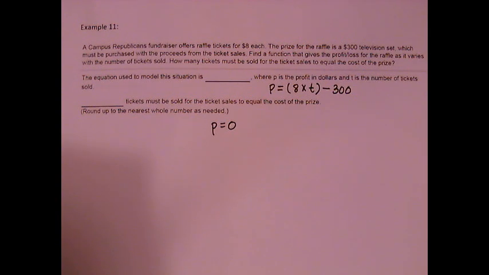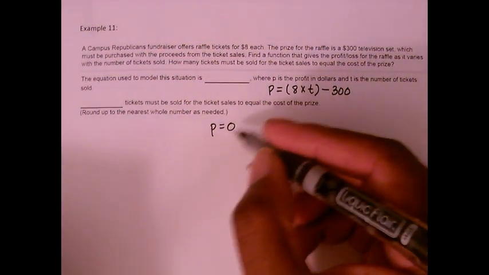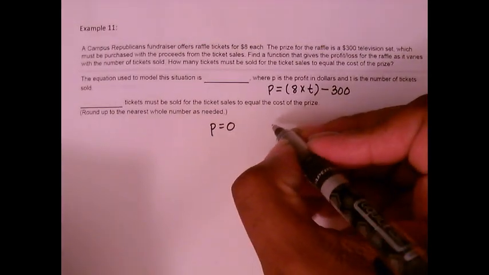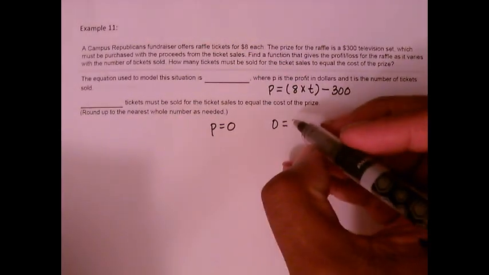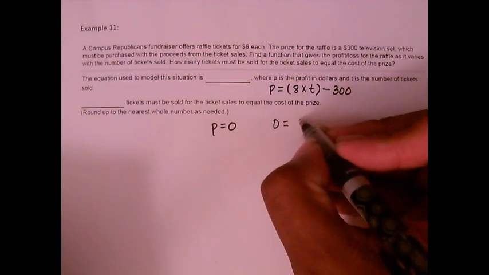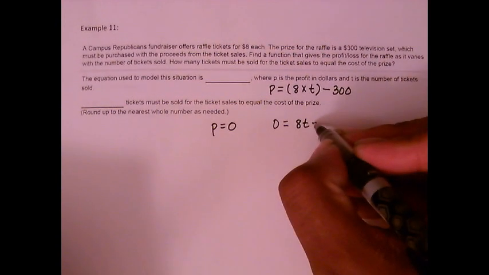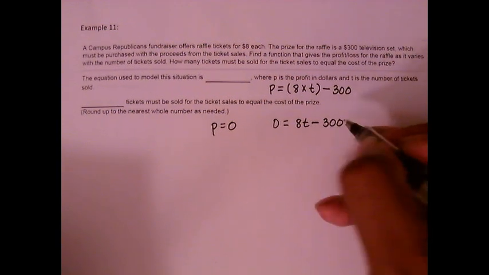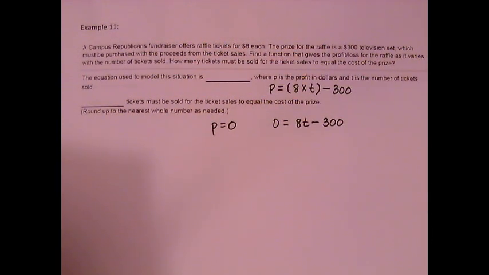That means no money, no profit. So I'm going to substitute the P here with 0, so this will be 0 is equal to 8T minus 300, because I teach algebra, so I like writing it that way.